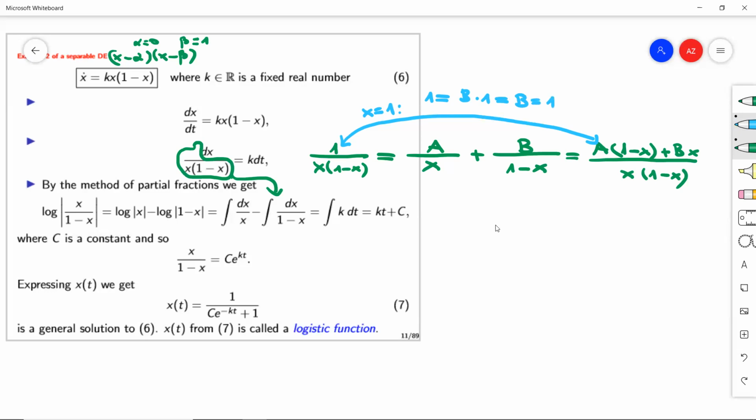And now we plug in x equals 0. On the left-hand side, we still get 1, while on the right-hand side, we get A times 1 minus 0, so A times 1, plus B times 0. So only A. So A and B are both equal to 1.